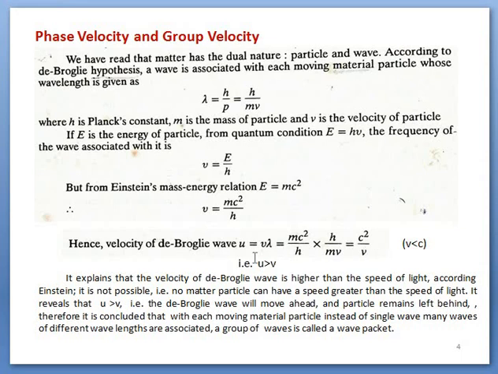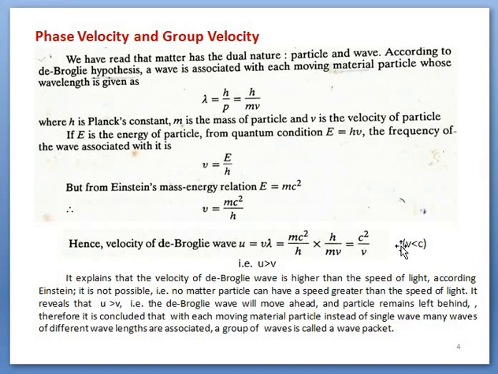Now, by considering the wave nature and substituting the properties of the wave, we obtain a relation where one parameter belongs to the wave and the other belongs to the particle nature. u is the velocity of the de Broglie wave, v is the velocity of the matter particle.